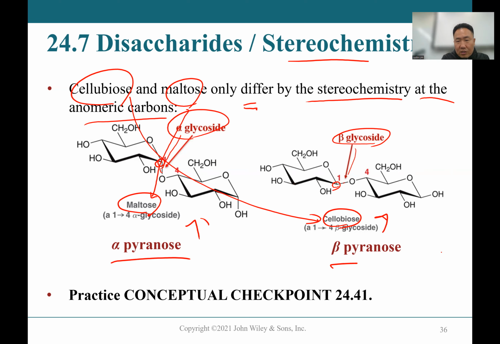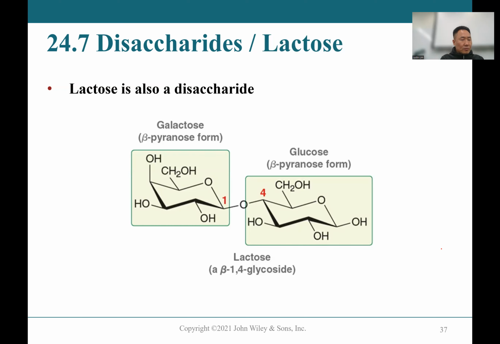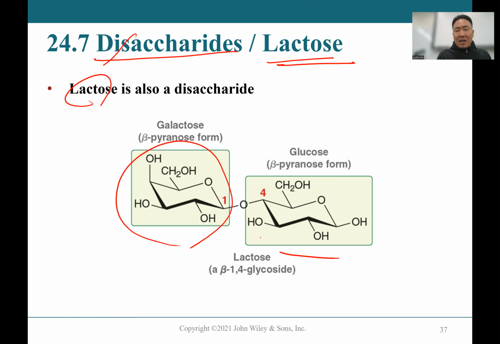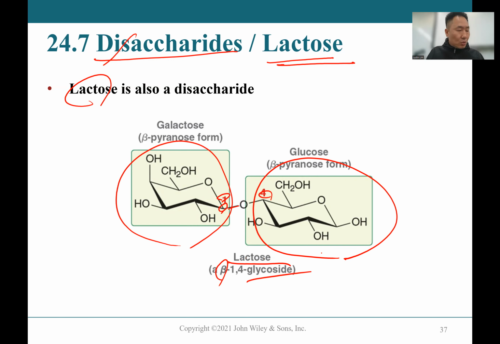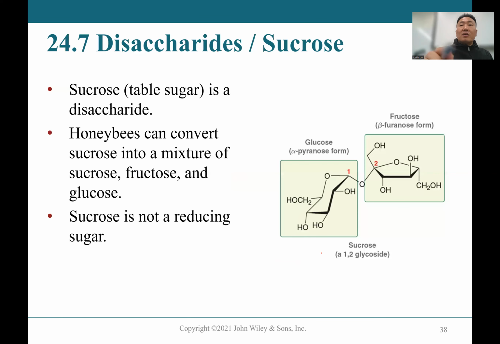This one is beta pyranose. So among disaccharides, you can see lactose. This is lactose. Now you can see C2, the beta 1,4-glycoside. That's lactose. The second example, sucrose.